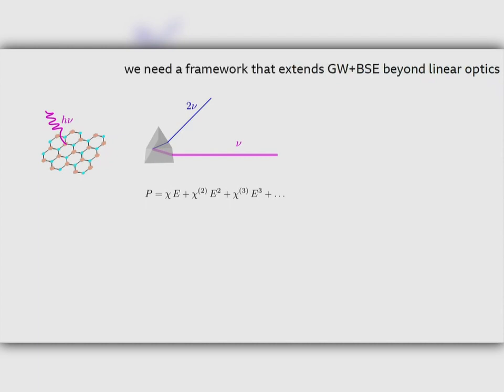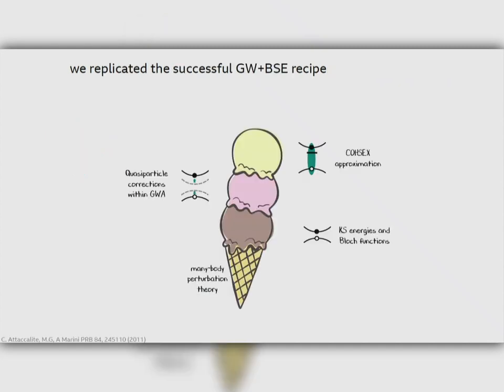So our idea and aspiration was to extend the scheme that I have shown you for linear optics beyond the linear regime, so having GW plus Bethe-Salpeter. This was done in this work with Claudia Attaccalite and Andrea Marini.